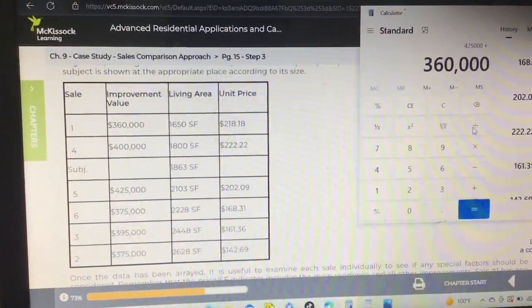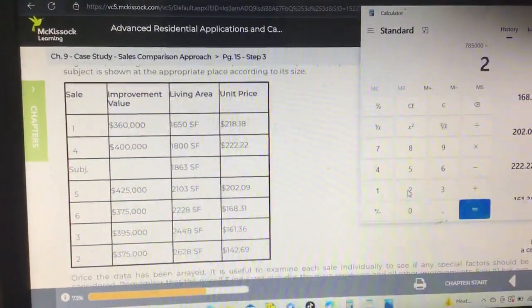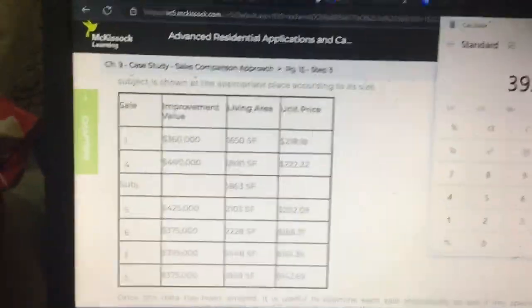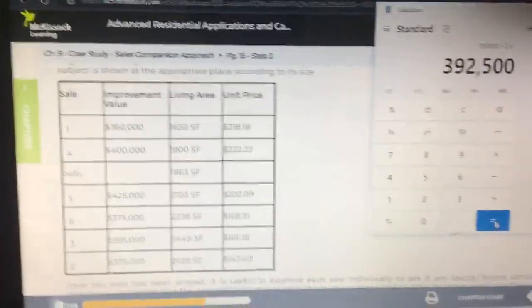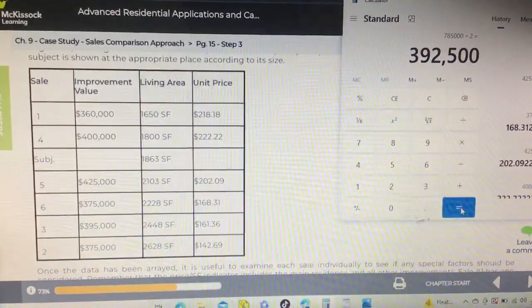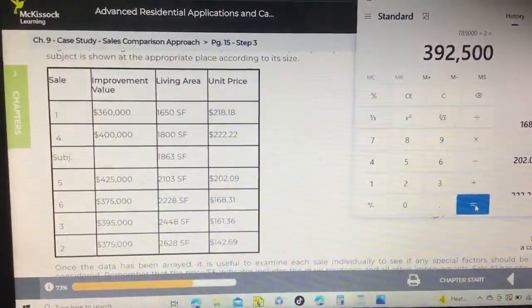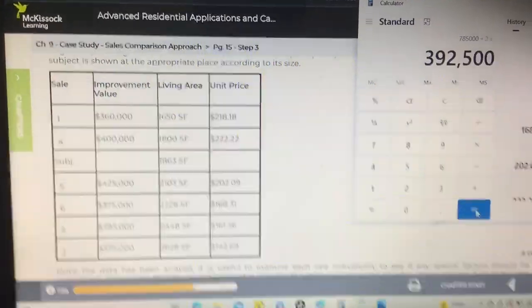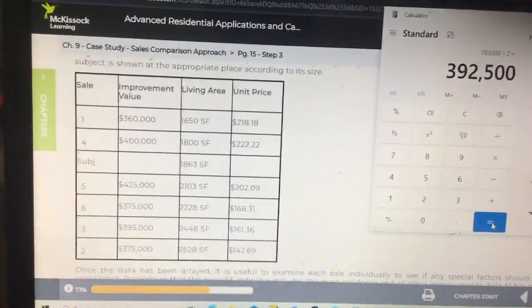I'm going to divide that by 2 equals $392,500, which is the middle of all of this, of all 6 comps.